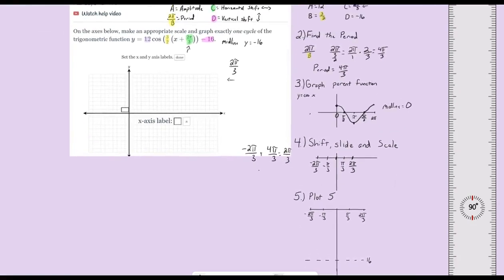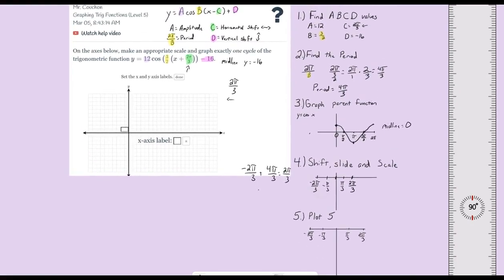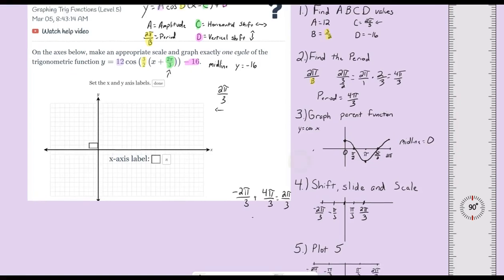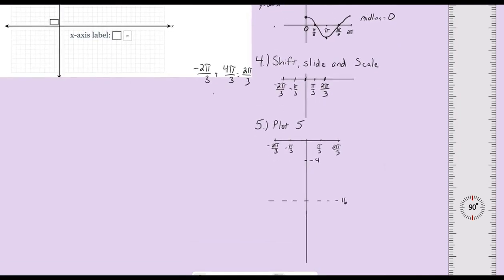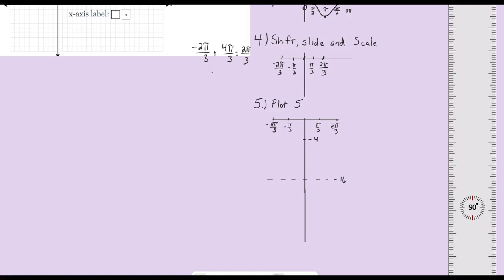Well, if we are multiplying by 12, as we can see here from the amplitude, that means we're going to add 12 to negative 16. And that would be, I guess right about here at negative 4. That's going to be the maximum. And then we're going to subtract 12 from negative 16, and that's going to be the minimum at negative 28.